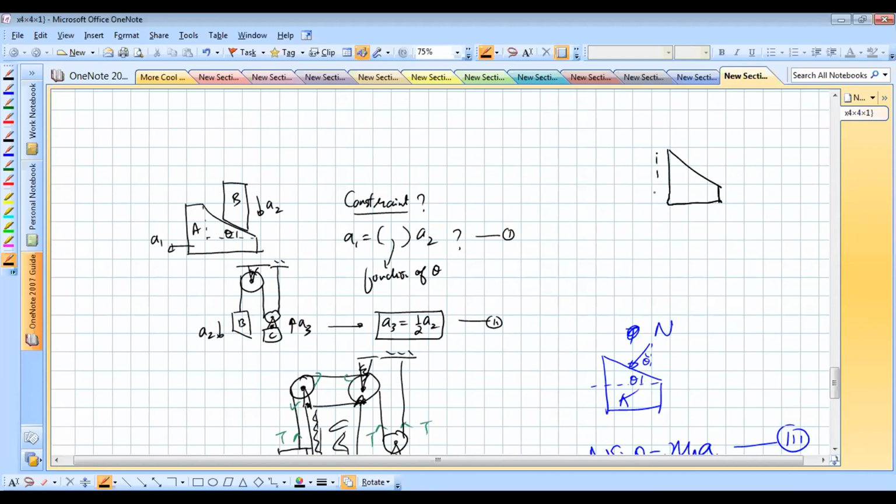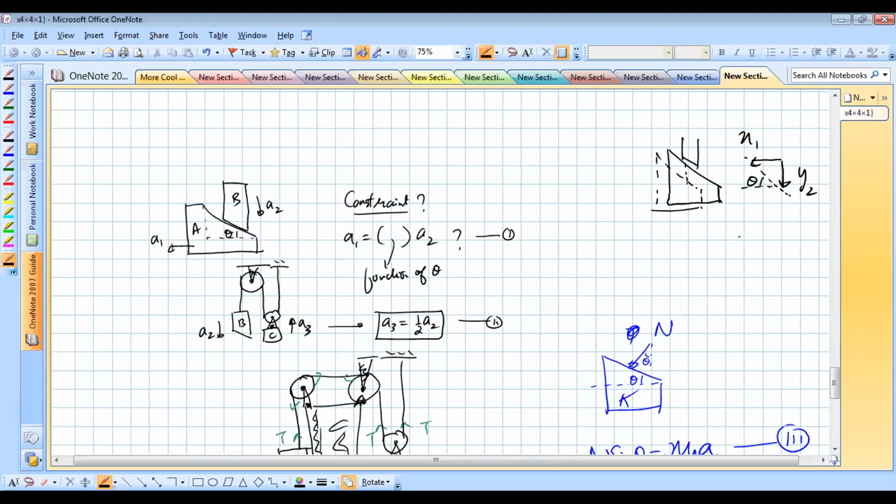So if this moves like this, then in that much time this would have moved like this. So if you take the vertically downward displacement of B as y2 and the horizontal displacement of A as x1, they will have to maintain this relationship that this angle is theta.